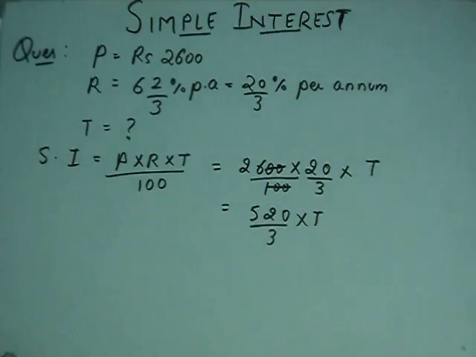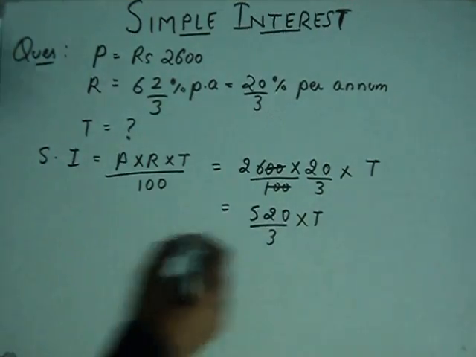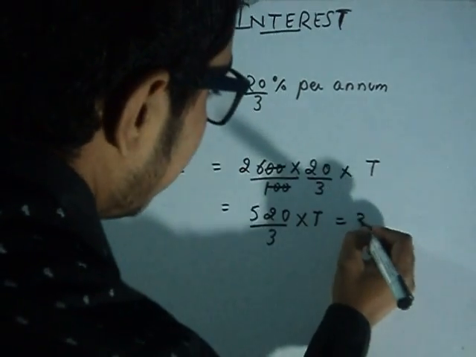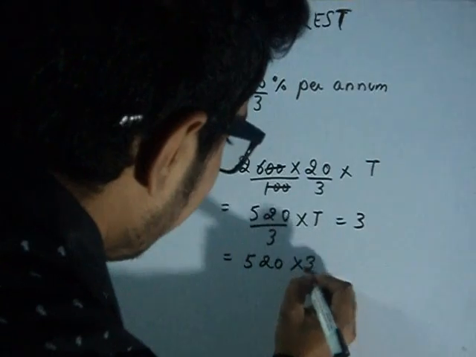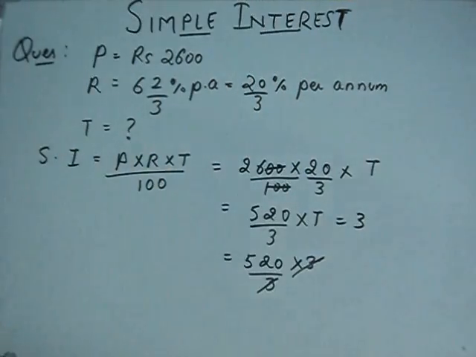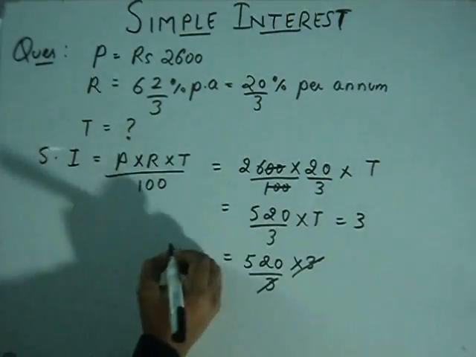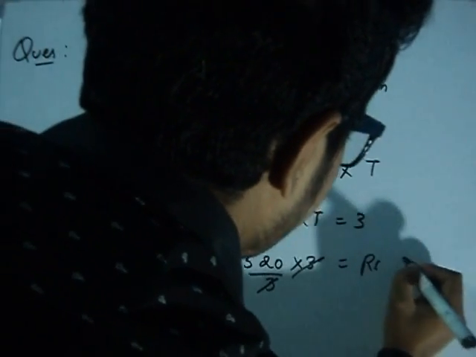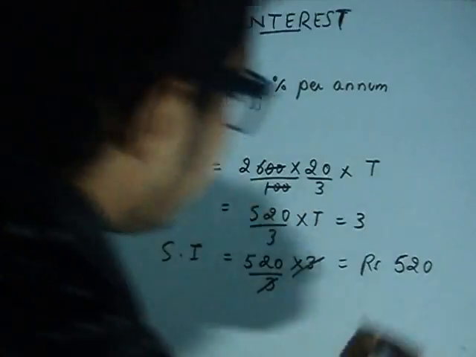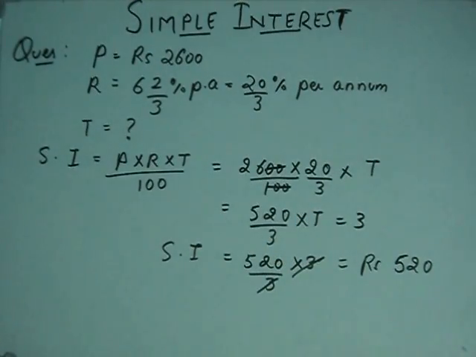Least means minimum number. So for the minimum, t would be 3. When we place 3 over here, 3 will cancel out with this 3 and simple interest would become 520, which is a whole value, not in decimal form. It is our exact value.